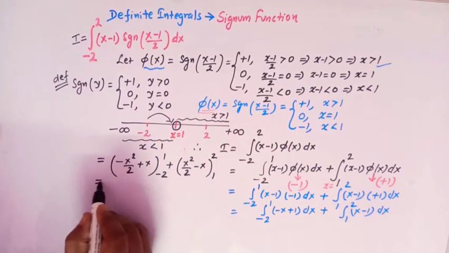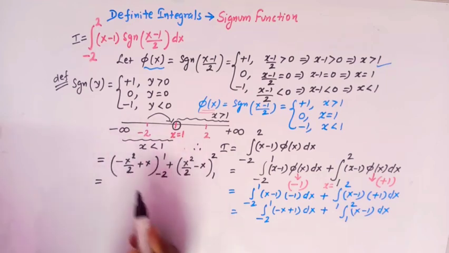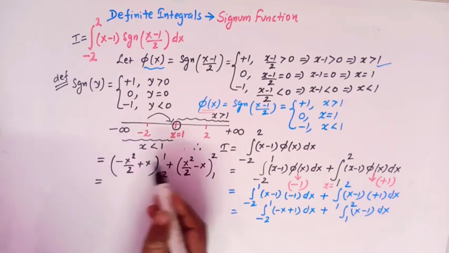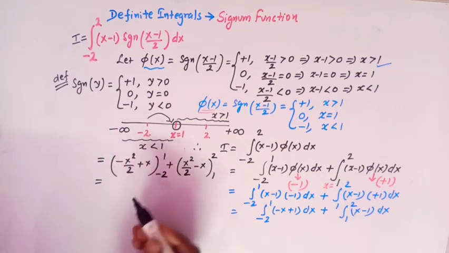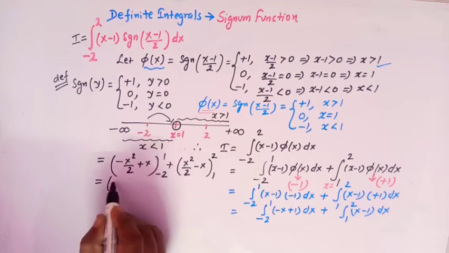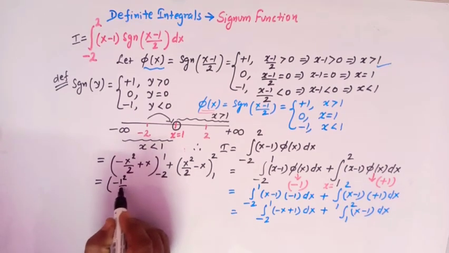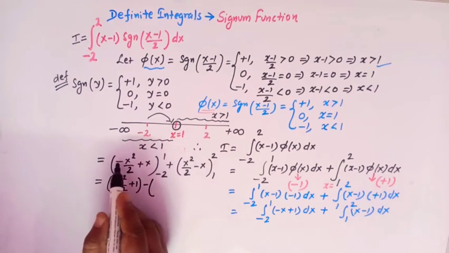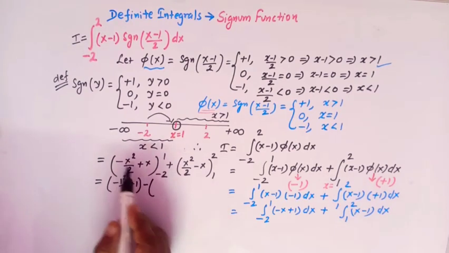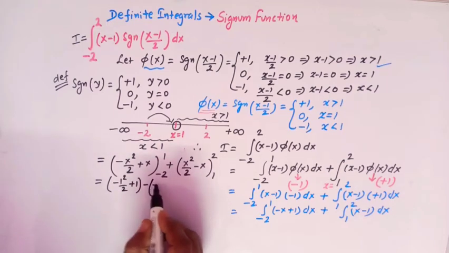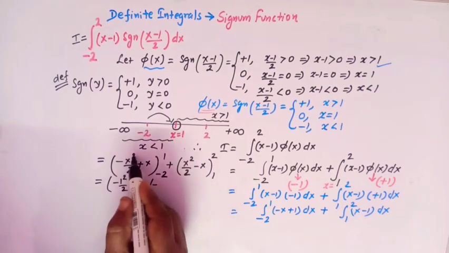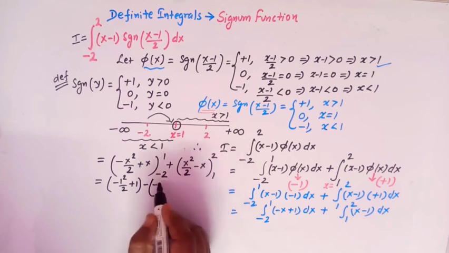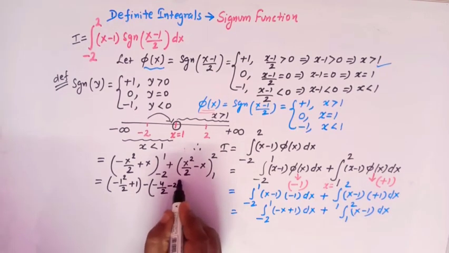Now we can simply substitute the limits and take the difference. We have minus 1 square over 2 plus 1, minus, for x equal to minus 2, minus 2 square is 4, so minus 4 over 2 minus 2.